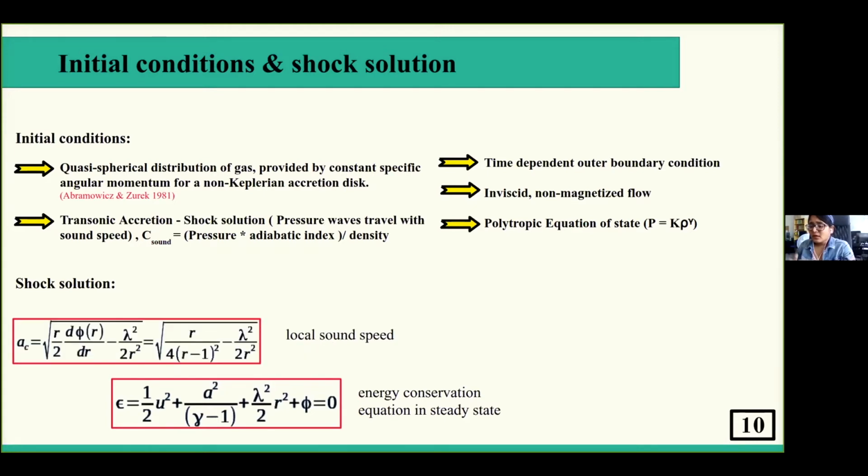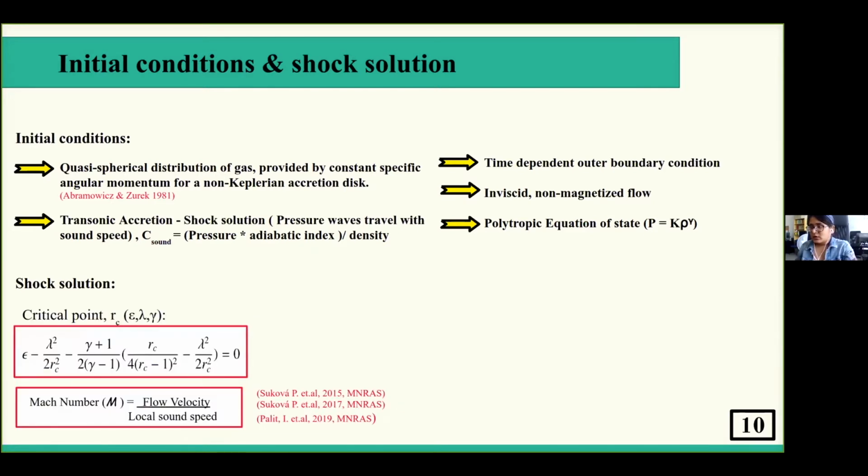Further, with proper substitutions and inserting the value of local sound speed, a_c, into the energy equation, we get this polynomial expression which gives the critical points of the flow. So a critical point r_c can be seen here as a function of epsilon, lambda, and gamma.